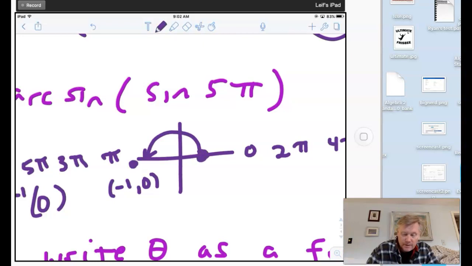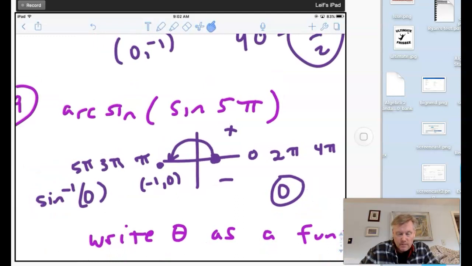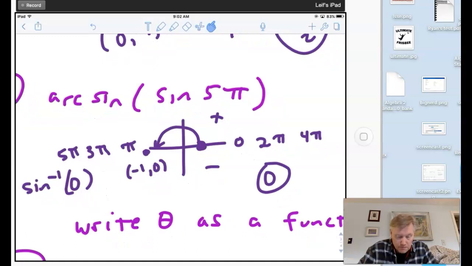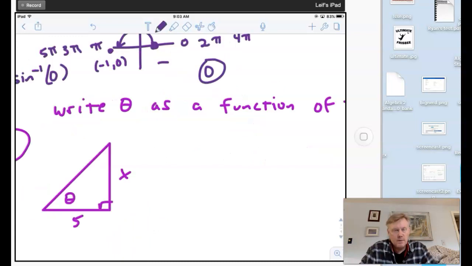I'm here. That's the x1. I don't have to move it. The sine goes between these two quadrants here, which means that's my answer. Okay, that's the angle that gives me 0. Sine of 0 is 0. Okay. So next one, last two.